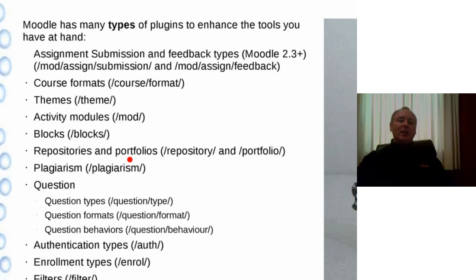Repositories and portfolios. These are ways of getting information in and out of Moodle. Moodle made, I think, a very wise decision back in Moodle 2.0, that they didn't want to create a document management system. They said that they want Moodle to be able to use other document management systems and to interact with them.